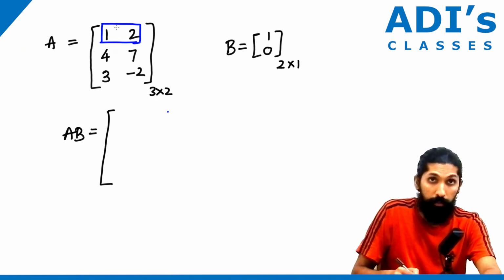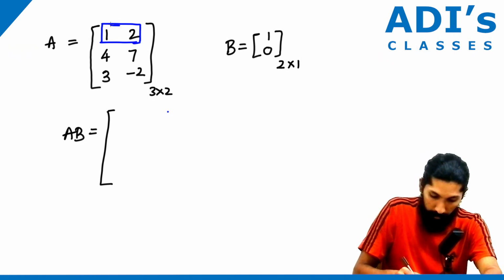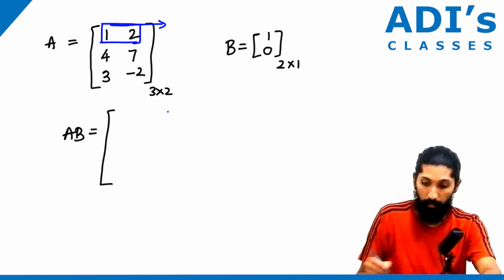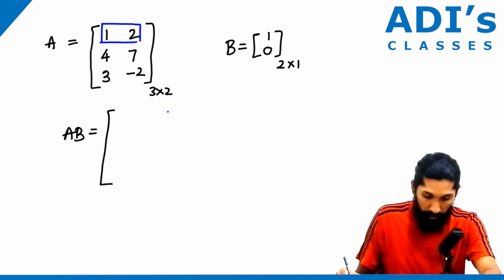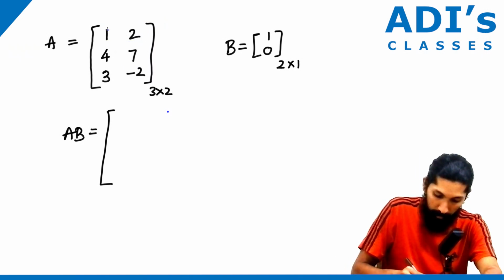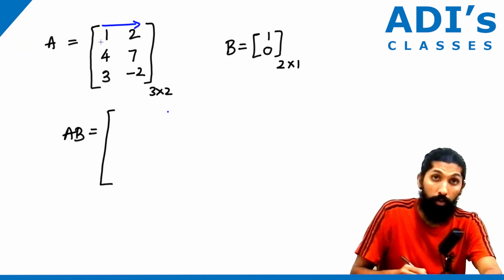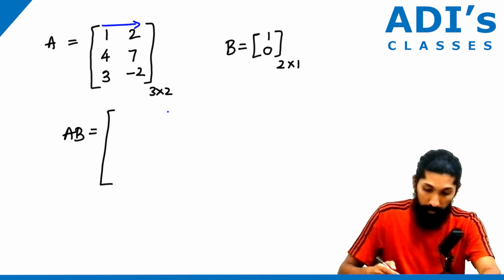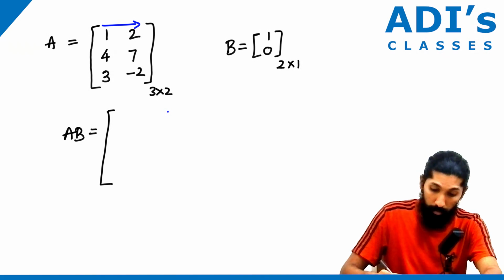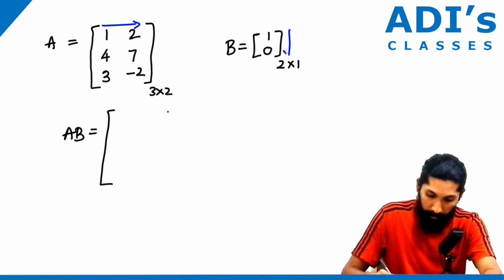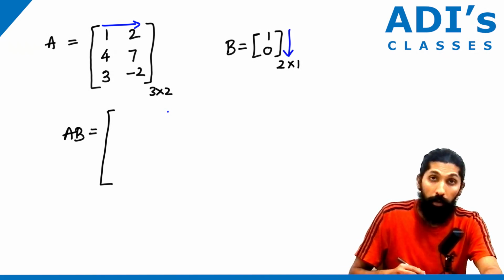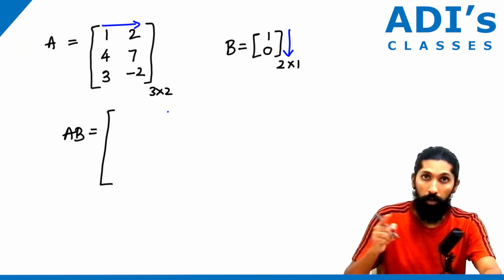We start with the row, going in this direction, the row direction. And then in the second matrix, you do the same with the column, like this. You multiply a row and the column correspondingly.